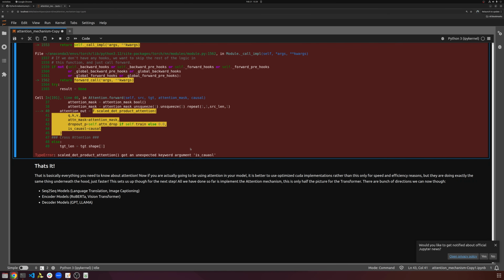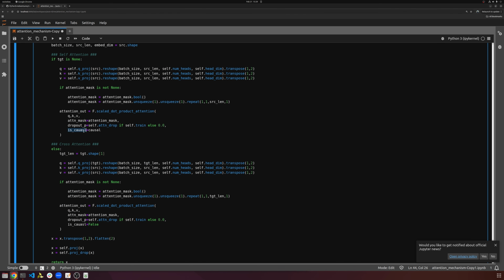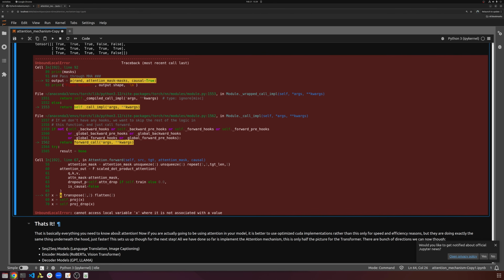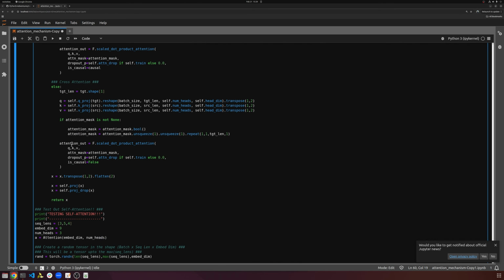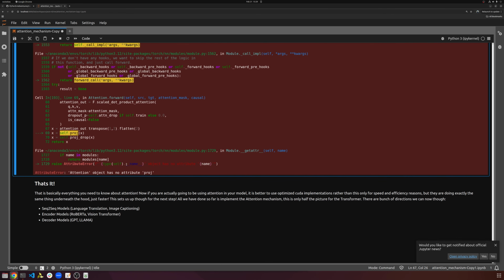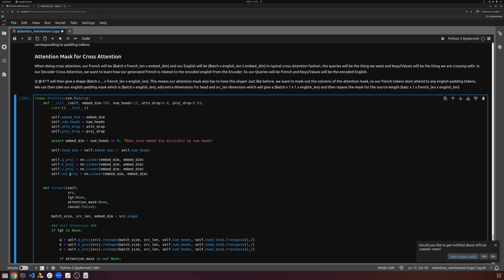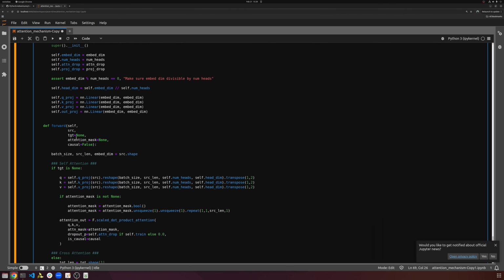And what else? Got is causal, spelled it wrong. So is causal and is causal. All right, local variable x not defined, which makes sense because both of these will output something called attention out. So there we go. And then has no attribute proj, because I called it out proj, like that. And do I even have a proj drop?